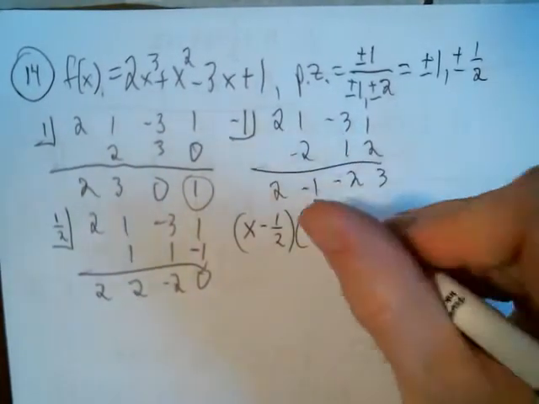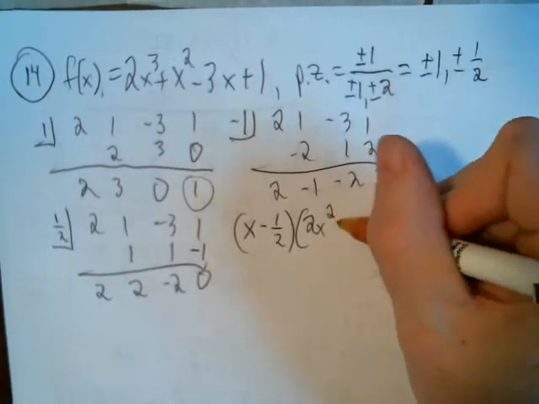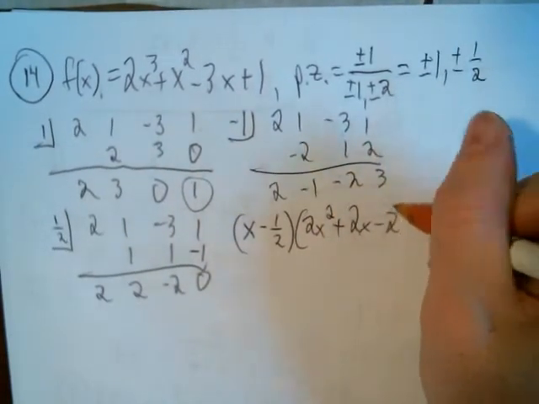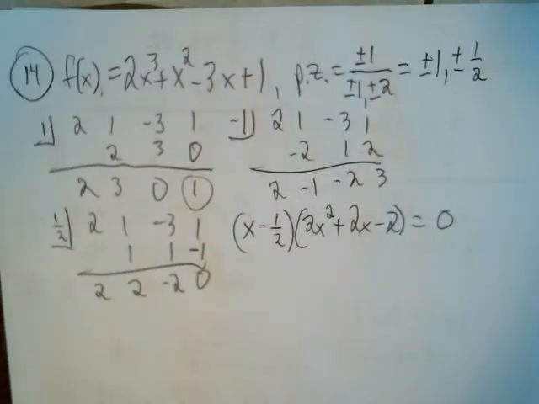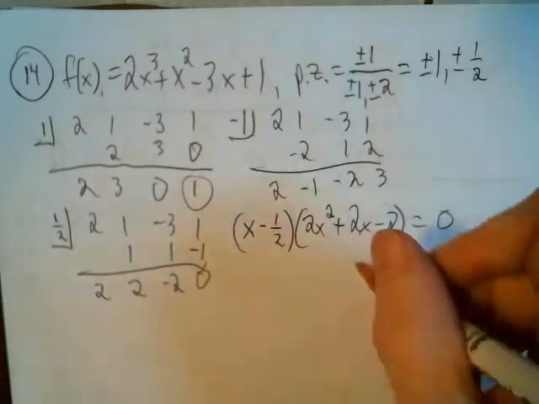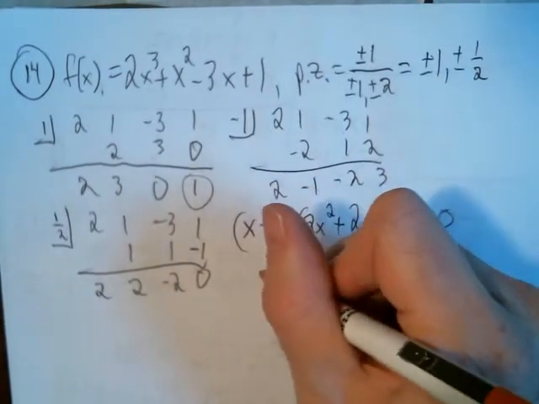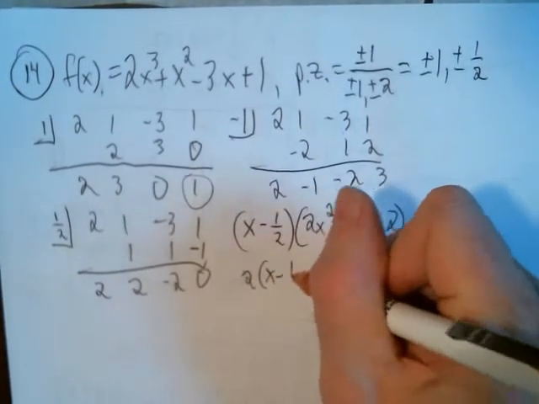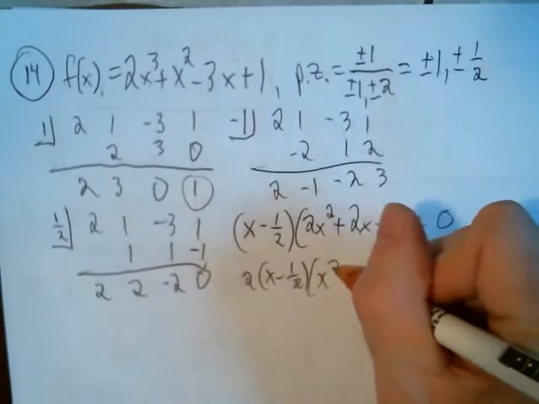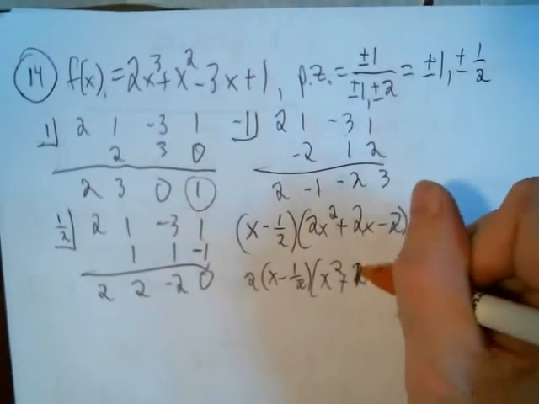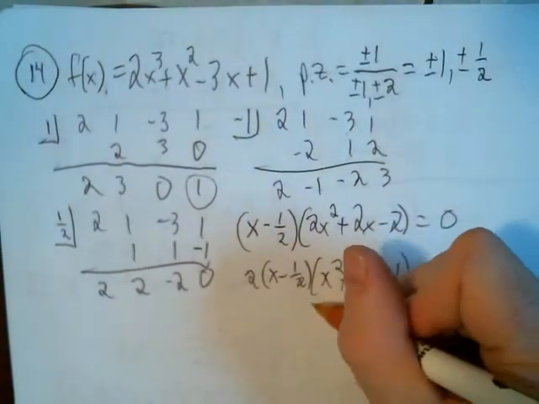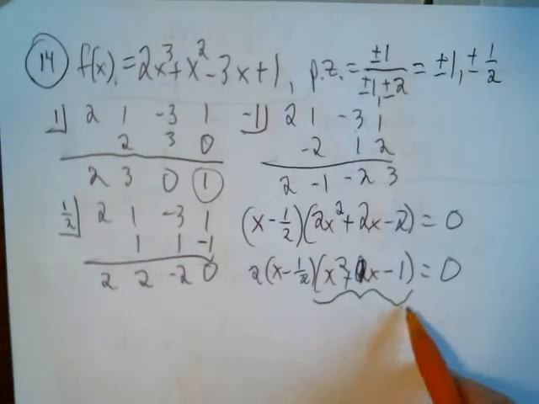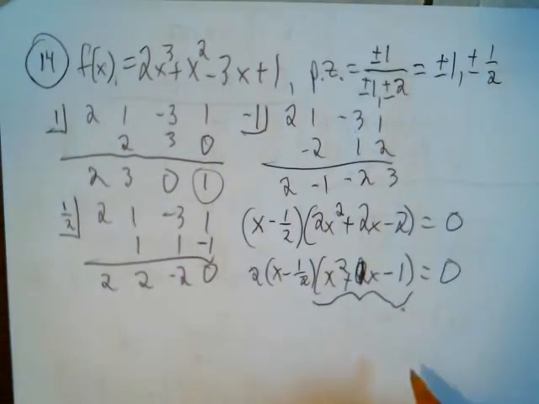And then the rest of it, we have 2x squared plus 2x minus 2 is 0. And we could try to factor that. But you're going to have issues right there. You can factor out a 2, so you'll have 2 times x minus 1/2 times x squared plus x minus 1. Then you try to factor this, right? So you're not going to be able to do it by hand. You're going to have to go to the quadratic formula.